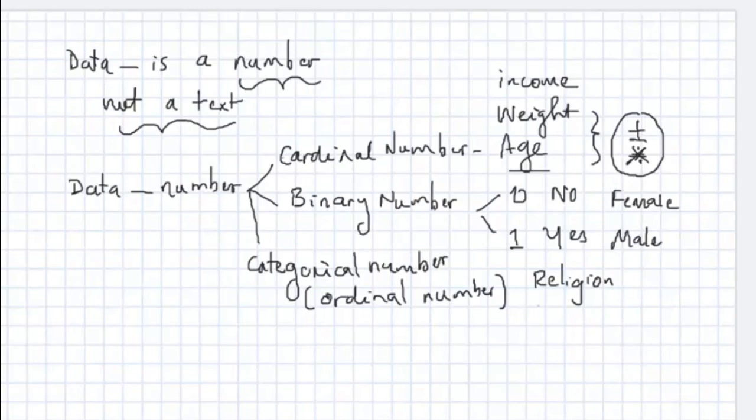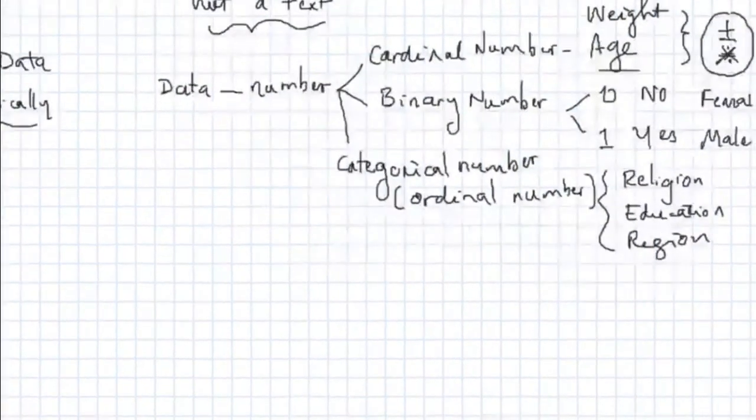You may not want to put one religion better than another. Education, clearly you can order. So religion could be categorical, education could be categorical, but ordinal. Regions could also be categorical or ordinal, depending on whether you want certain regions to be first and second.